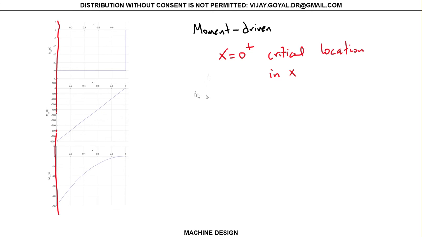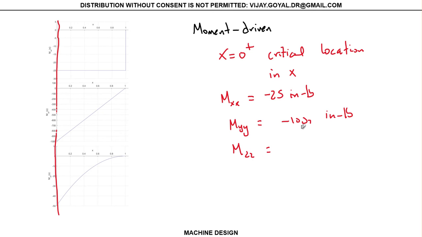Okay, and at that location, your moment MXX will be minus 25 pound-inches. MYY would be minus 1,000 pound-inches.